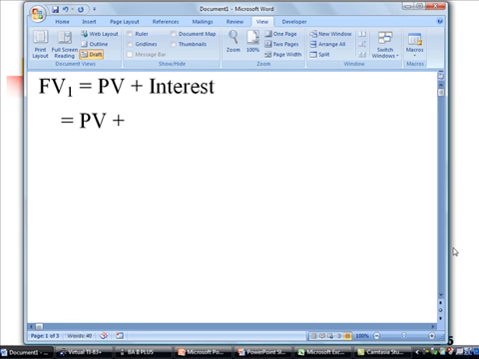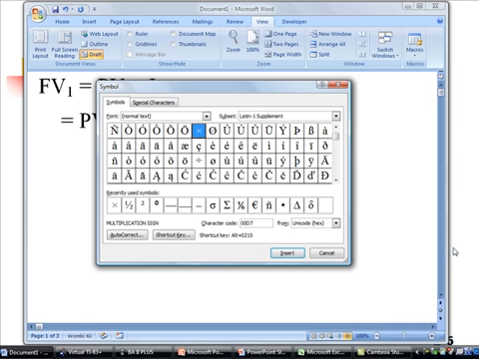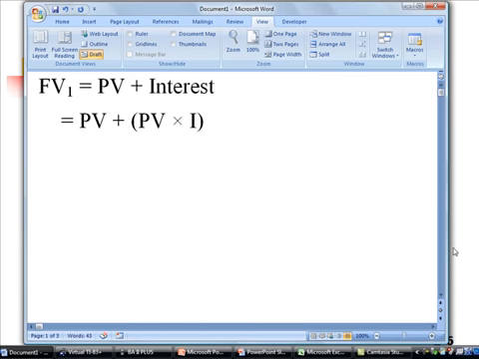So how do you know how much interest you earn? Well, you calculate the interest as what you started with times the interest rate. Fair enough.